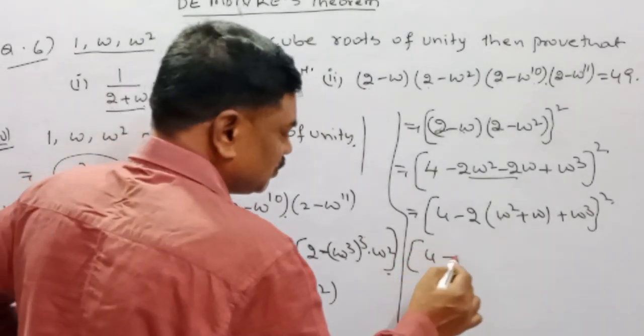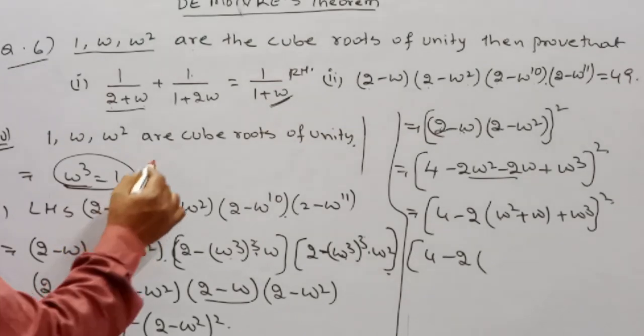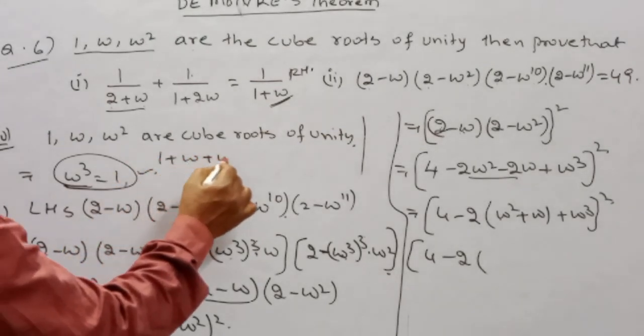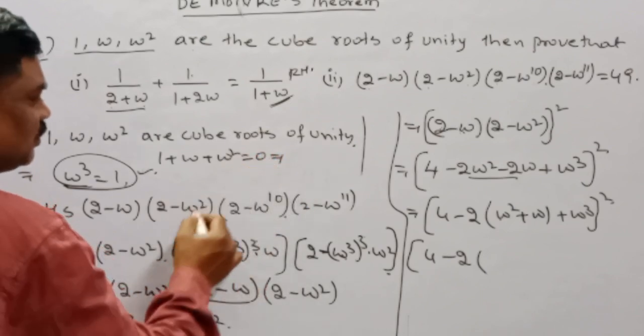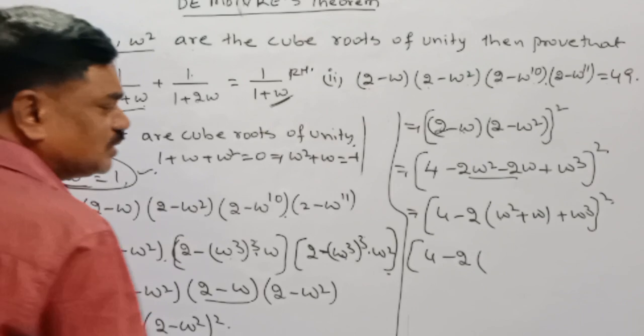Here 1 plus omega plus omega square equal to 0 implies omega square plus omega is equal to minus 1.